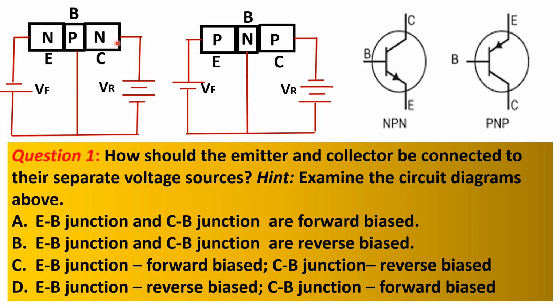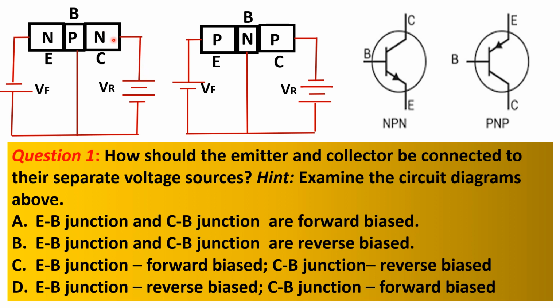Whereas the CB, meaning collector base junction, is connected in reverse bias, because the N-type charge carriers are also electrons, but they are connected to the positive terminal. So that is what we mean by reverse bias.